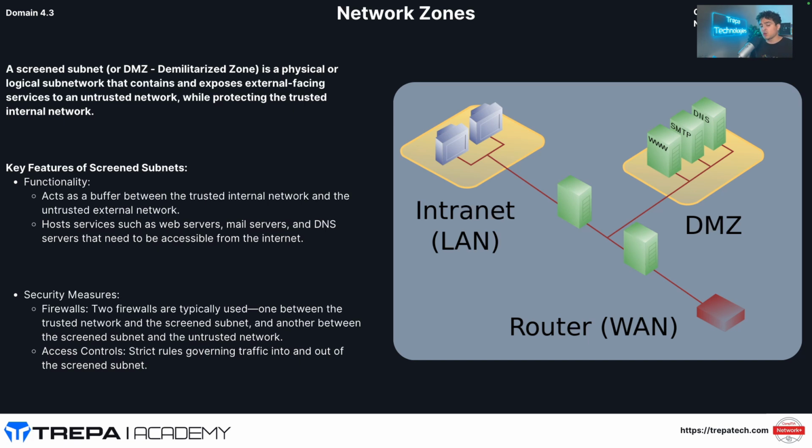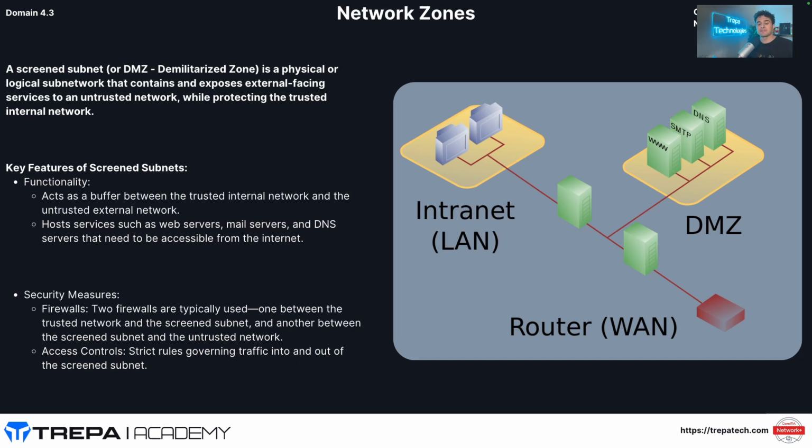This is either a physical or a logical subnetwork, typically that sits in that firewall, right? That exposes external facing services to an untrusted network while protecting the trusted internal network, okay? So if someone needs to access a SharePoint portal from home or an email server, instead of getting straight access to our enterprise from home, they go to our DMZ, okay?